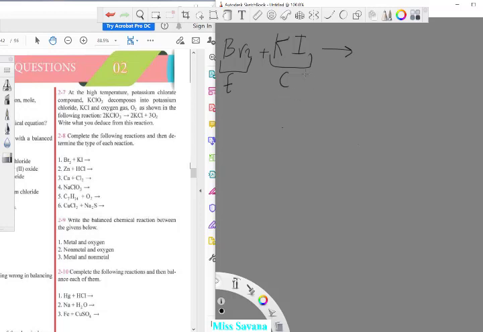Moving on to the balancing stuff. So it's Br2 plus KI. What should I have? Okay, now the Br is gonna react. This is the positive side and this is the negative side. So the Br is actually negative, so it will react with the positive side.